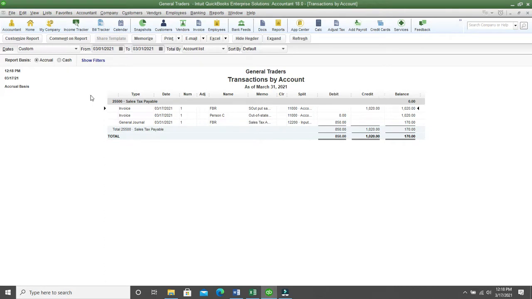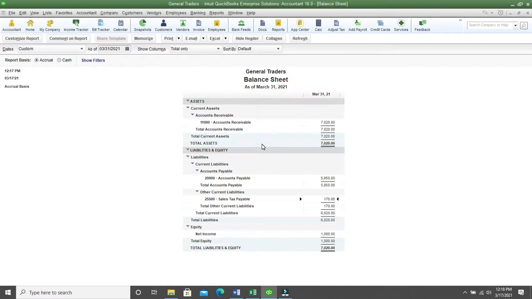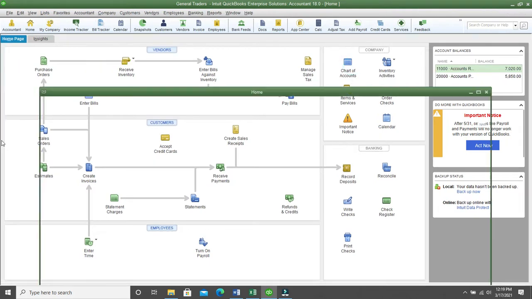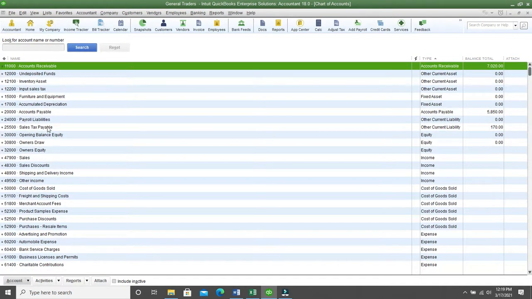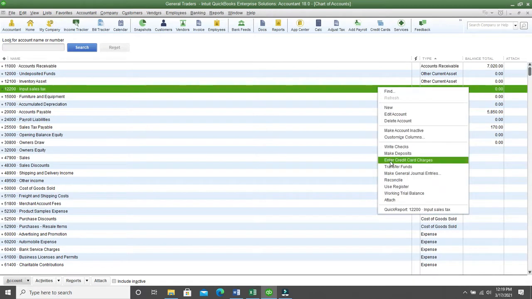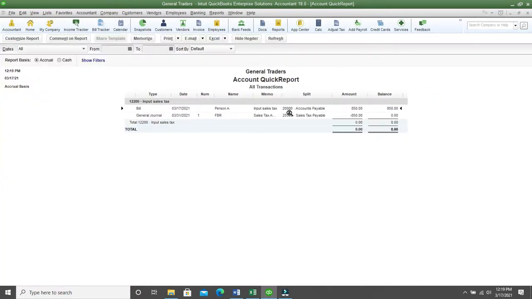Now we want to also check the account of input sales tax, because it is not appearing in the balance sheet as on 31st March. To check this account's transactions, I shall go to chart of accounts, and there it is, input sales tax. I shall select it, right click on it and make a quick report. Now you can check the transactions in this account.